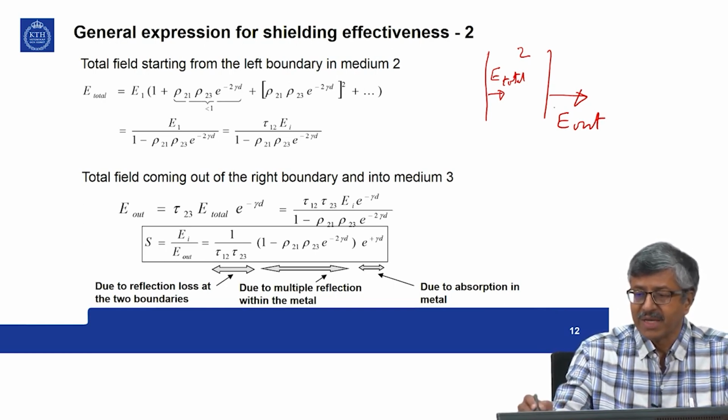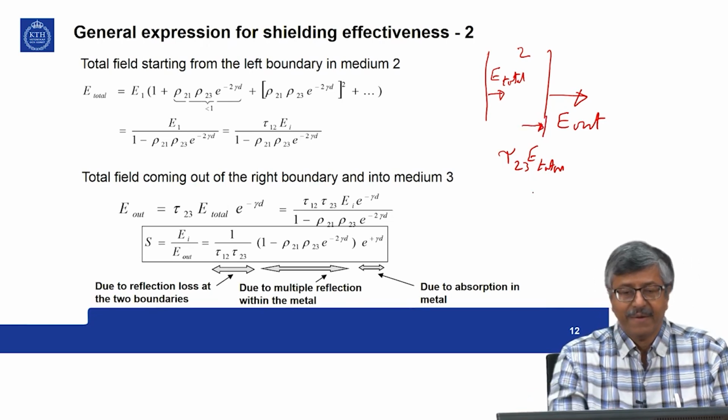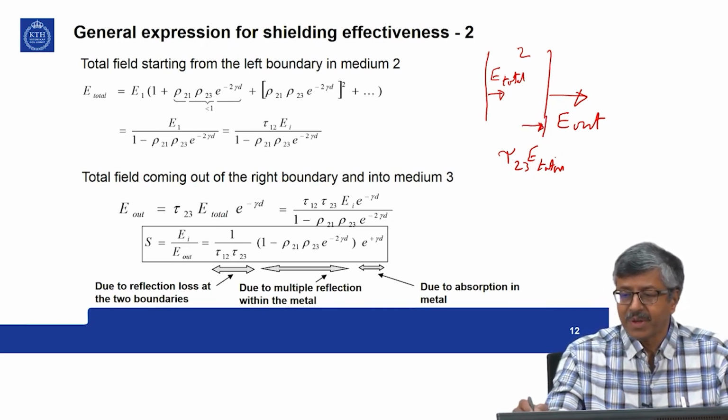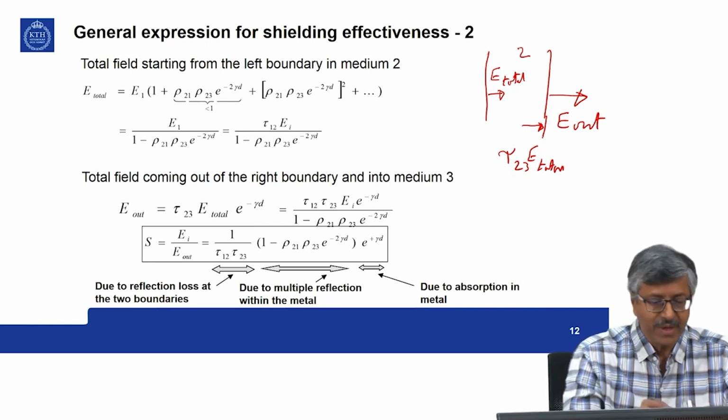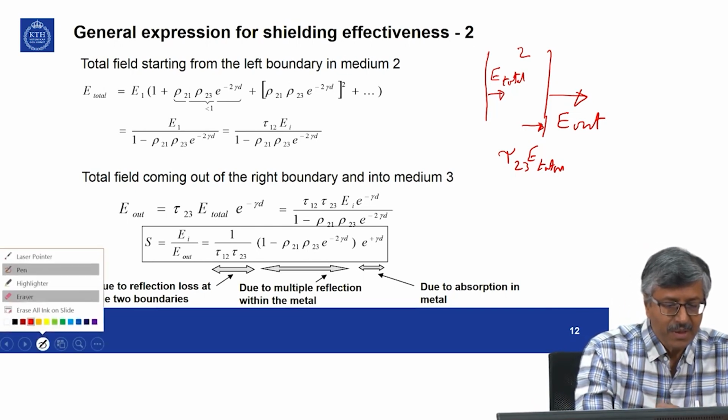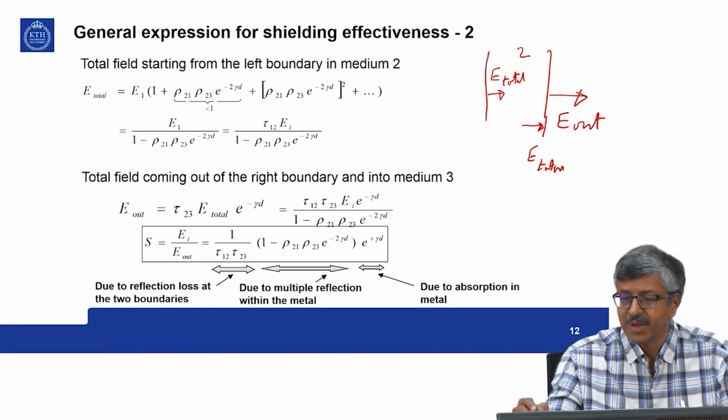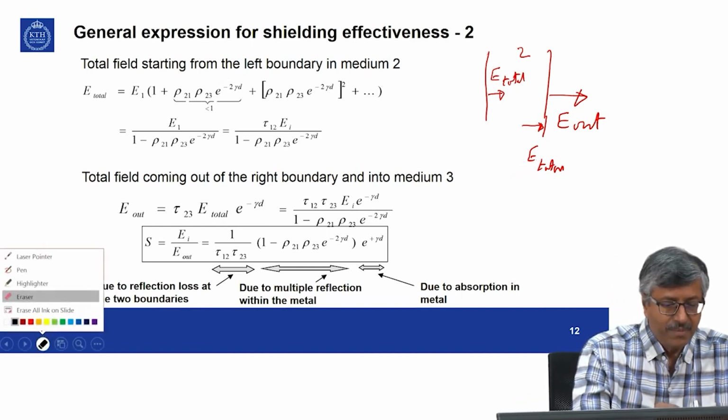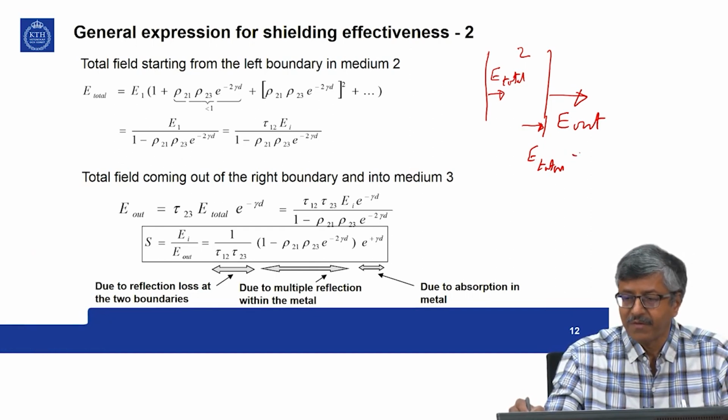E total is traveling in this direction, and by the time it reaches over here, it is E total e to the power of minus gamma d.